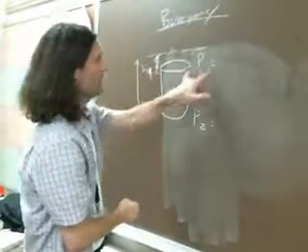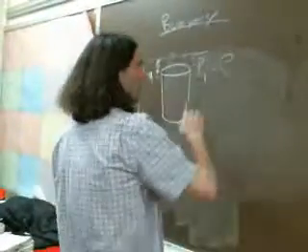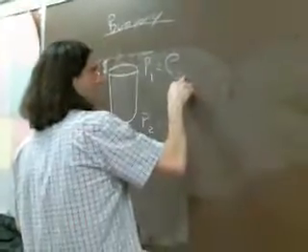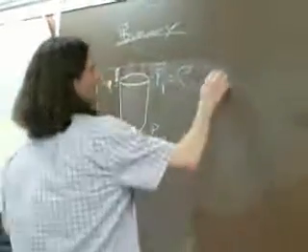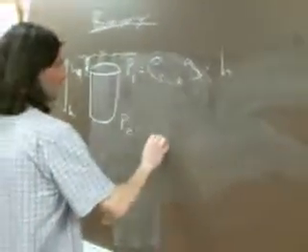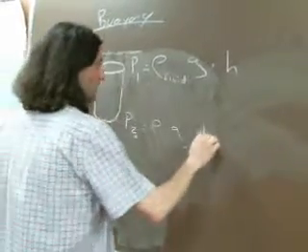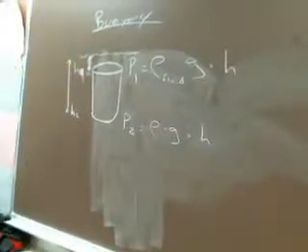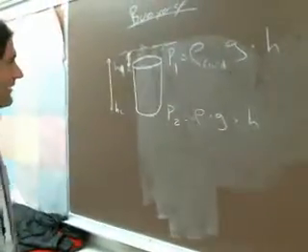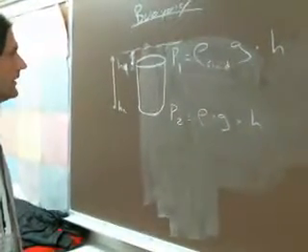Okay? Pressure, we said the other day, is rho, the density of the fluid that it happens to be in, times g times h. And then this is also rho g times h, all right? So those are pressures, which are also forces divided by areas.